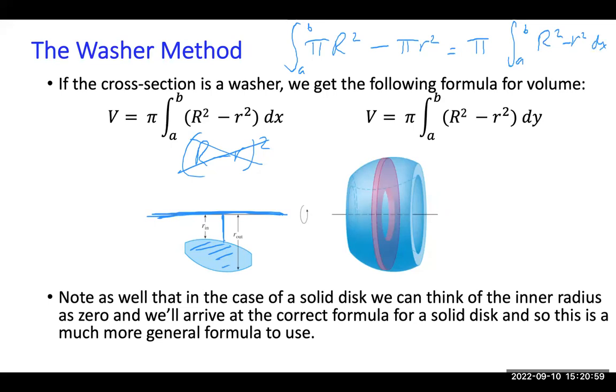So that's where this formula is coming from, okay? We're taking the area and we're just factoring the pi out. Notice how in this case here, if you do have a solid disk, then because there is no inner radius, it just means the inner radius is 0. So you're really saying it goes back to the same formula as pi r squared dx.